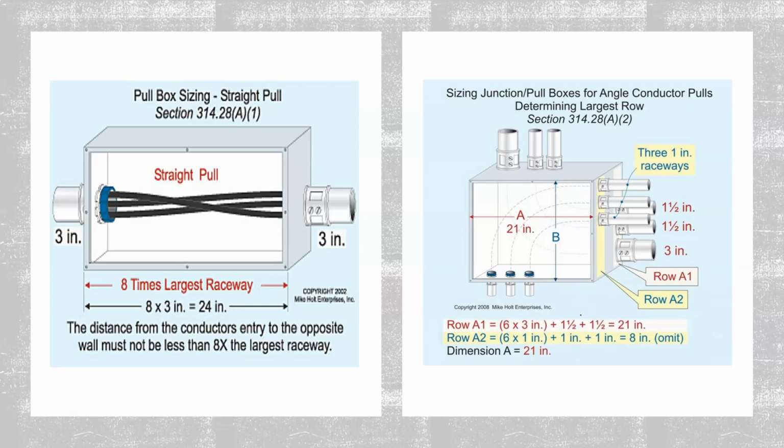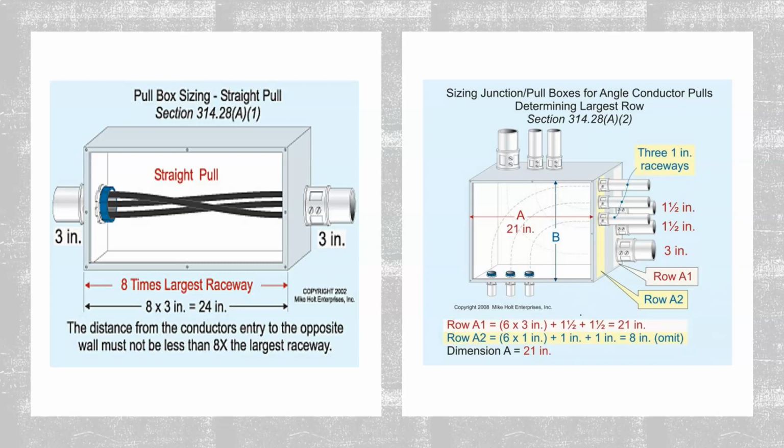Moving on to A2, on our right-hand side here, we see that in this particular situation, we have 2 separate rows on the side of this enclosure. We have row A1 and row A2. For row A1, we have a 3-inch raceway and two 1.5-inch raceways.